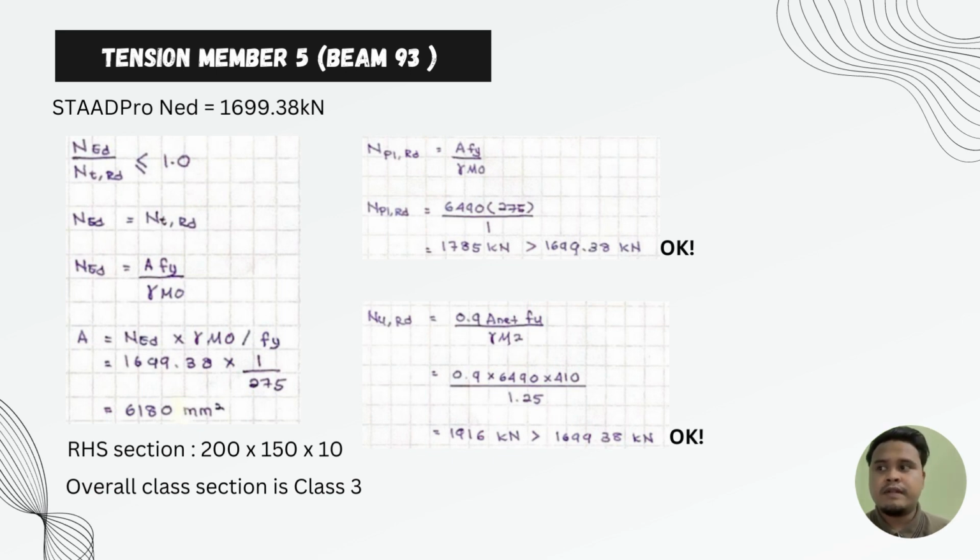Next we do the design plastic resistance of the gross cross section. We use the equation for NPLRD and we got the value of 1785 kilonewton, which is larger than NED. And then we do the design ultimate resistance of the net cross section at holes for fasteners, and we got the value of 1916 kilonewton, which is larger than NED.